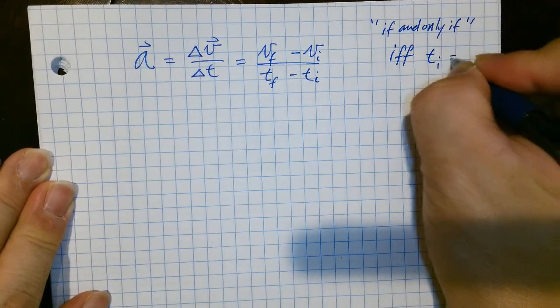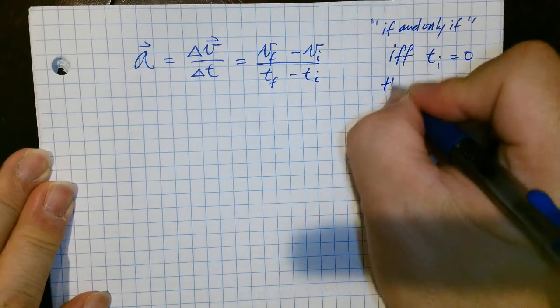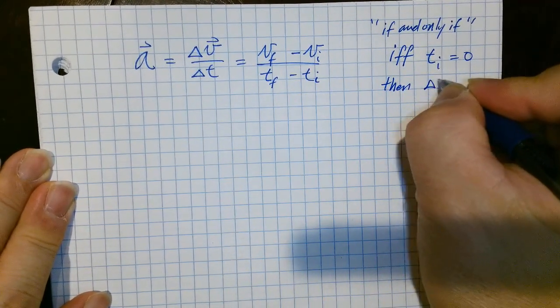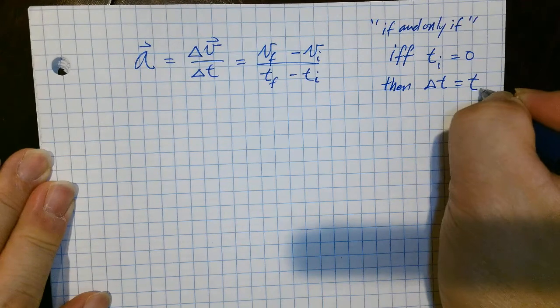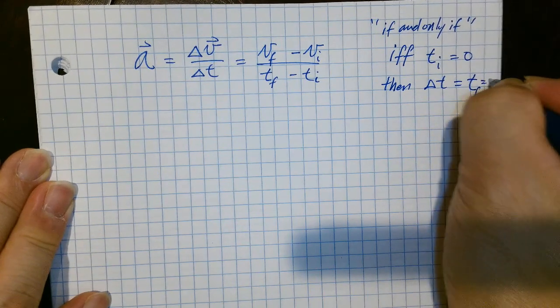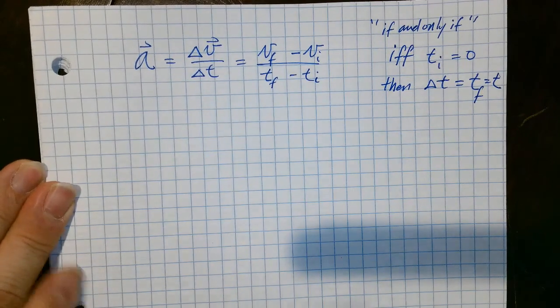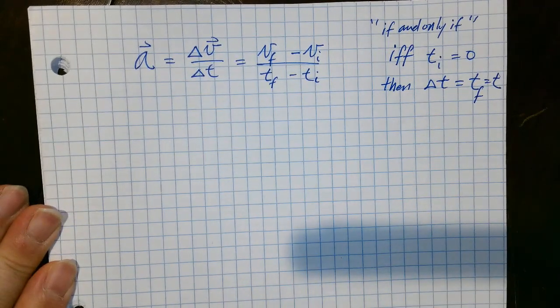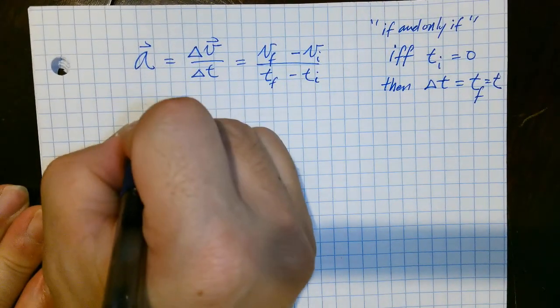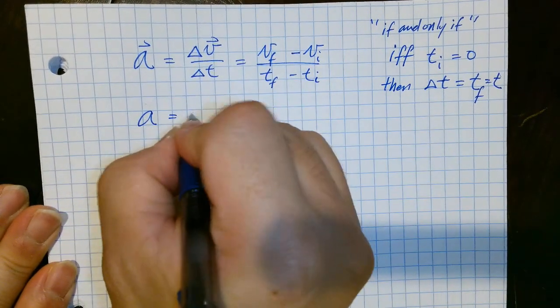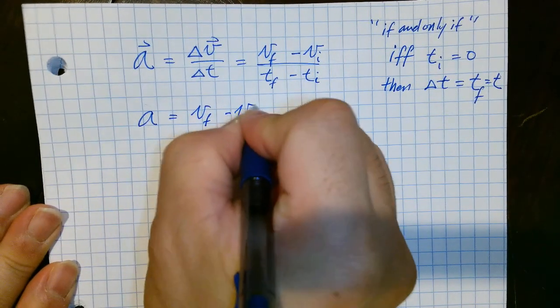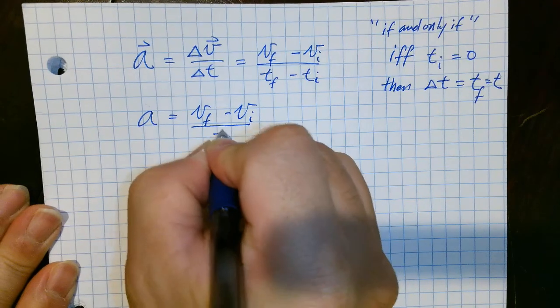If t initial is equal to 0, then delta t is just t final, or just t. So if this is true, I can say my acceleration is equal to vf minus vi over t.